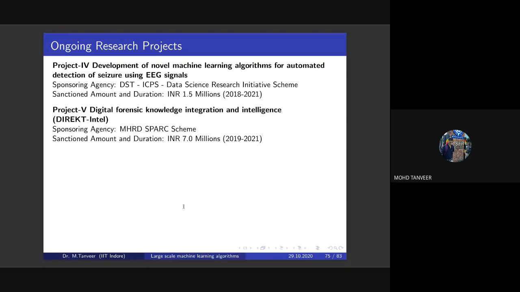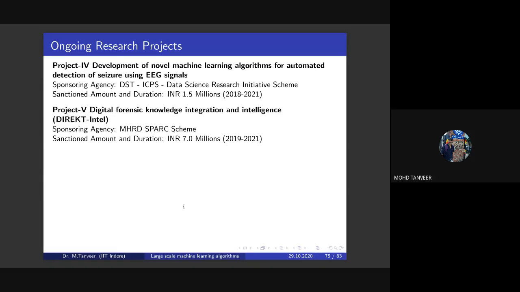And this fourth one is more focused on EEG signal data. It is also epilepsy, but more focused on EEG signals. It is from the Data Science Research Initiative of the DST ICPS scheme.